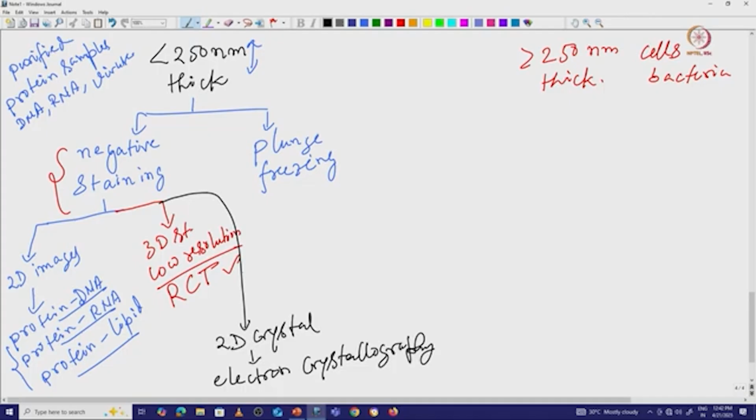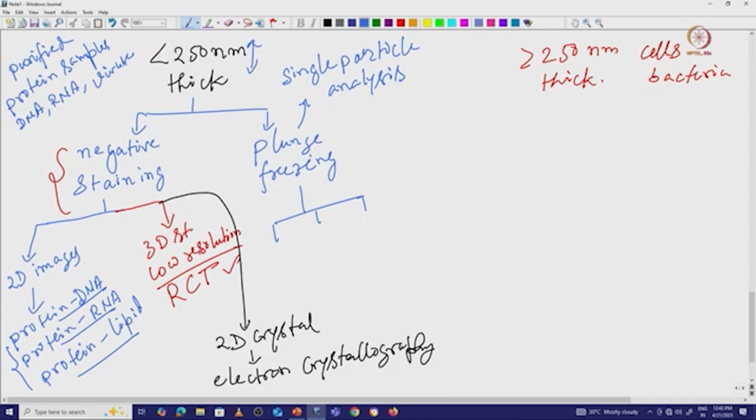Now, we come to this particular stage, plunge freezing. Plunge freezing is mostly used for single particle analysis Cryo-EM.